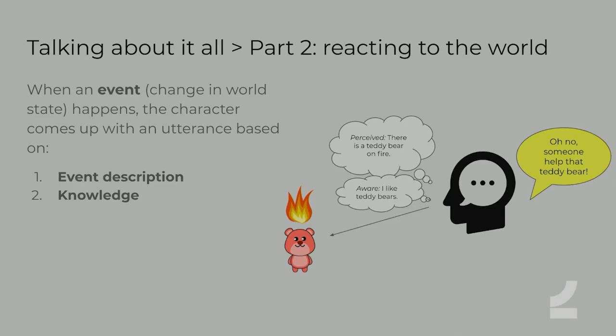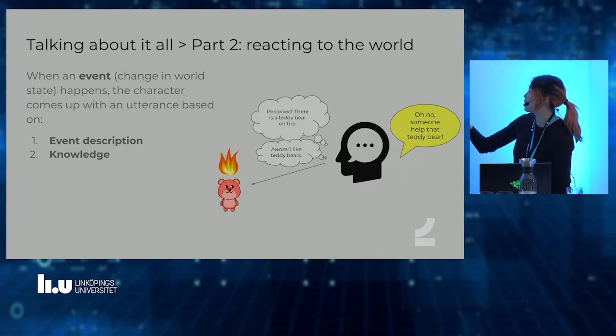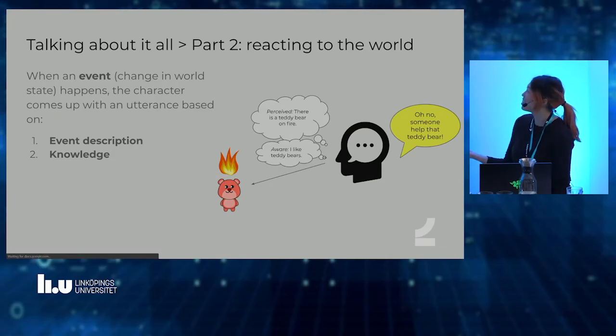So an example is, the event is this teddy bear caught on fire, and the knowledge is, I like teddy bears. So the character might say, oh no, someone help the teddy bear, or something like that. Whereas if the character hates teddy bears as their knowledge, they might just be like, haha, I'm so happy that it's burning, or something.